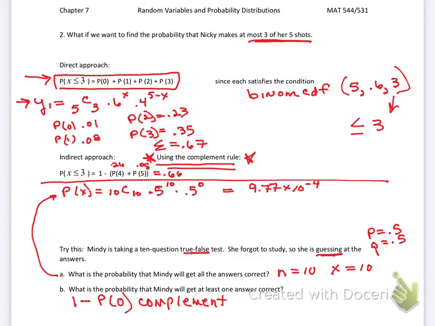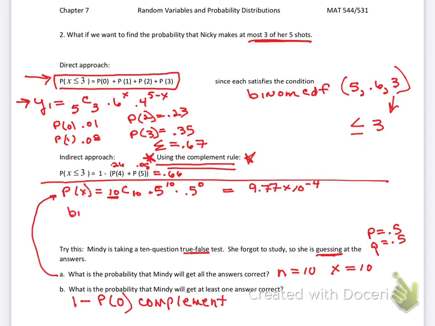Okay, what else could I do? I can use Binomial CDF because I have a range of values. Let's talk about that in just a sec. Okay, I think I may have misspoke. Because I want to know the probability that she gets all 10 answers correct, that's going to be Binomial PDF.